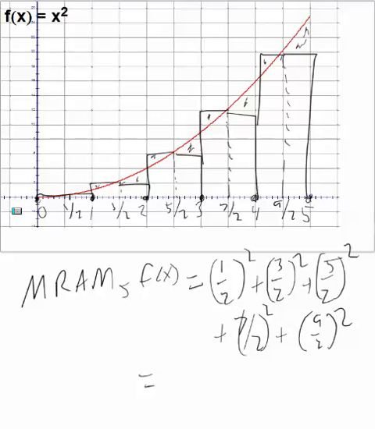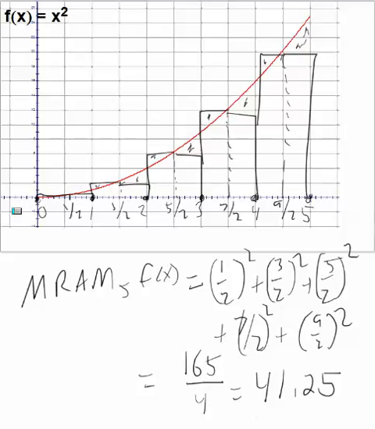So first of all, the denominator's got to be 4. So I know it's something over 4. 1 plus 9 is 10, plus 25 is 35, plus 49 is 84, plus 81 is 165, which gives me 41.25.